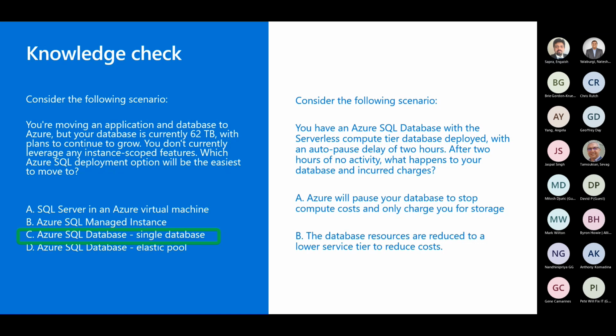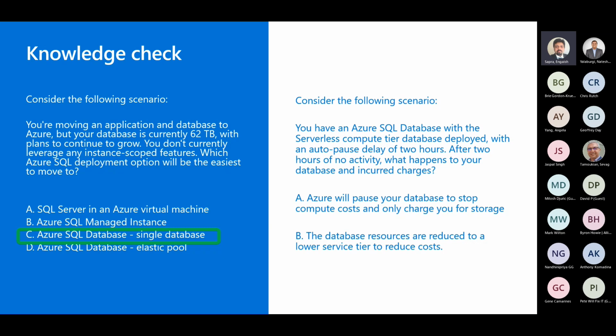So from an Azure SQL database perspective, like we said, the Azure SQL database single database is the option here, especially because of the database size of 62 terabytes. The question was a little confusing.